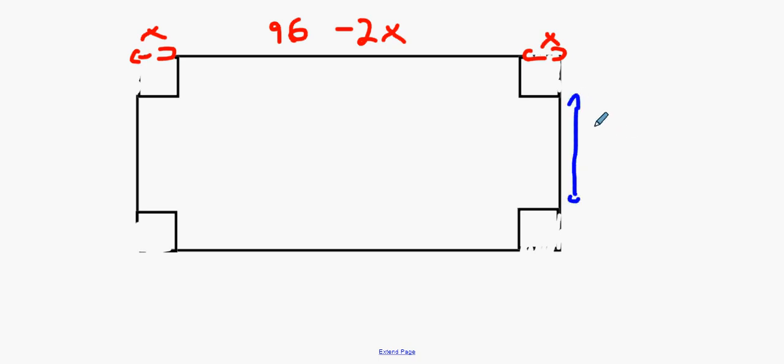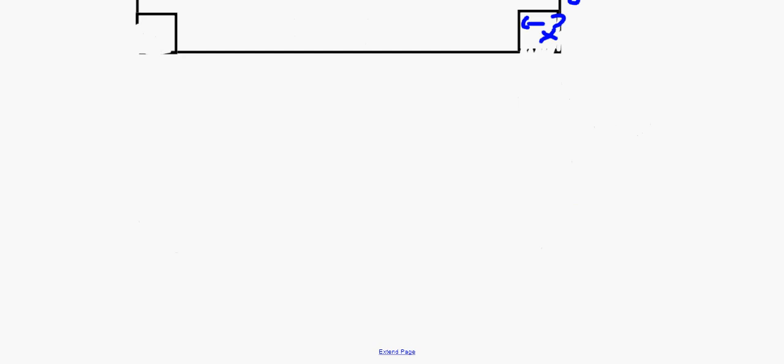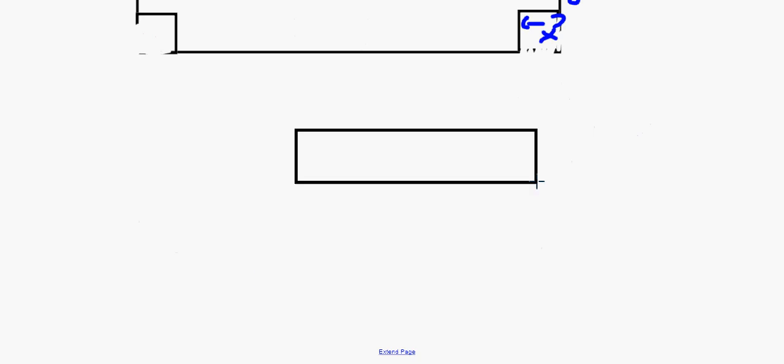Well, you remove the X on this side and you remove the X on that side, so what does that mean? 96 minus, and what about the other one? 48 minus, and what about the fold height? X, isn't it? So essentially you're dealing with a rectangular box like this.